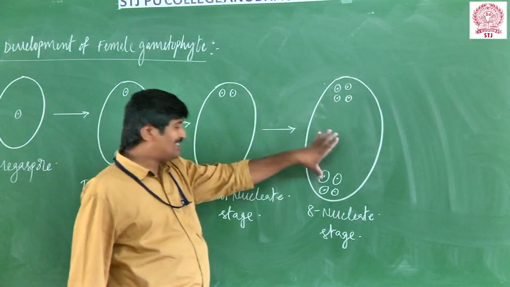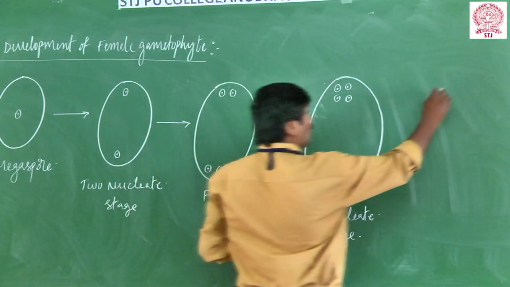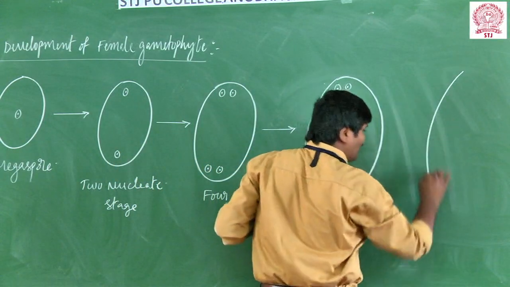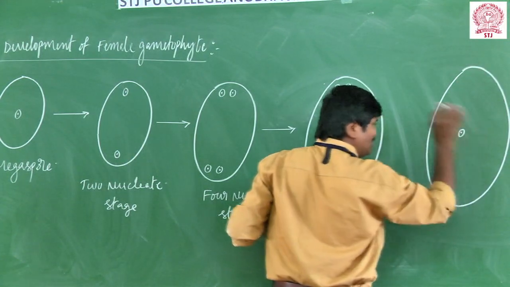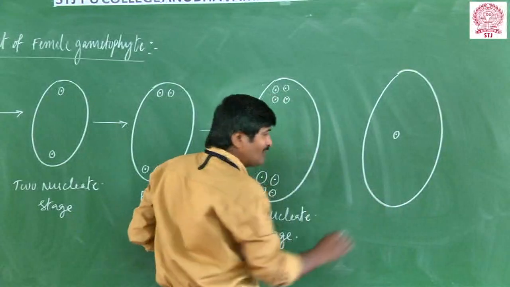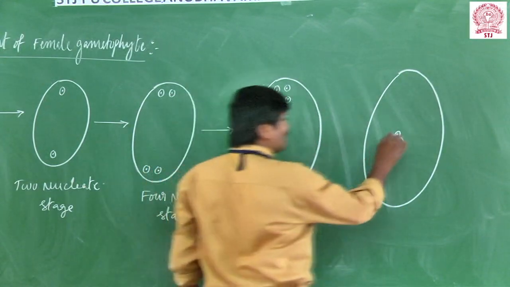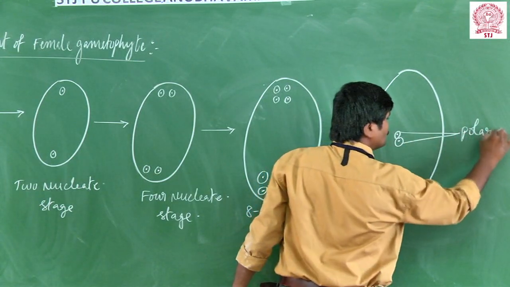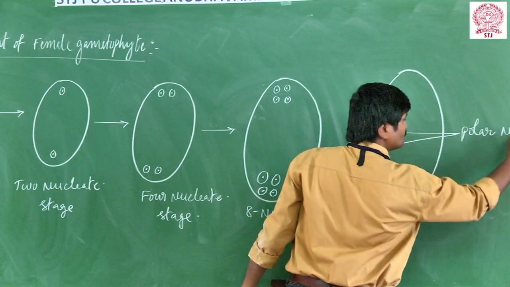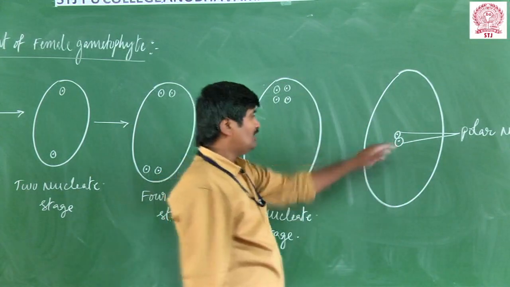So, when the 8 nuclei are formed, one of the nuclei from one pole migrates towards the central position. On the other side also, one migrates towards the central position, and they form the 2 polar nuclei.